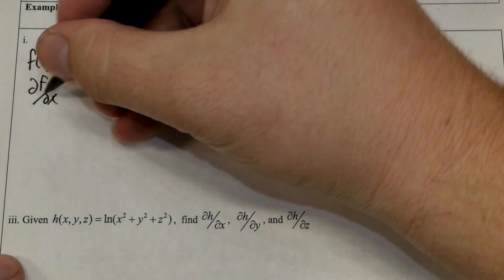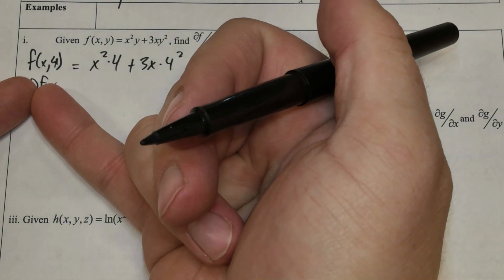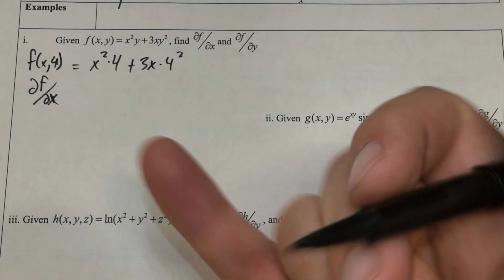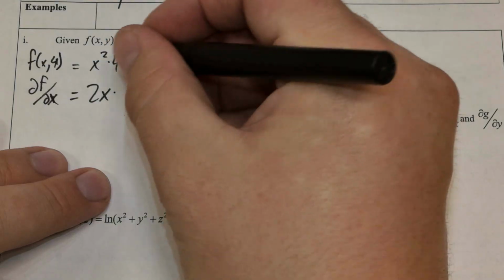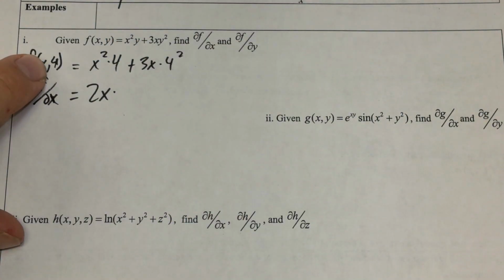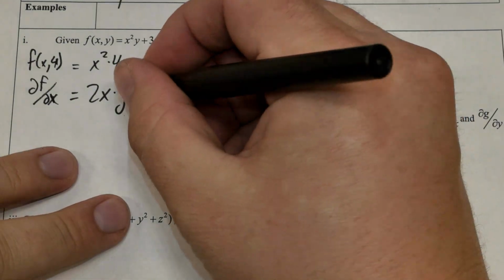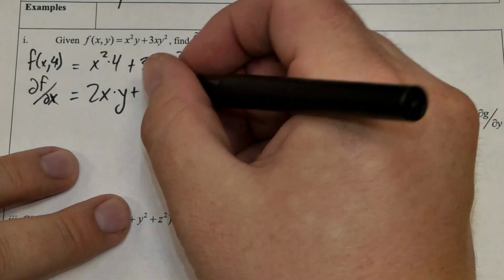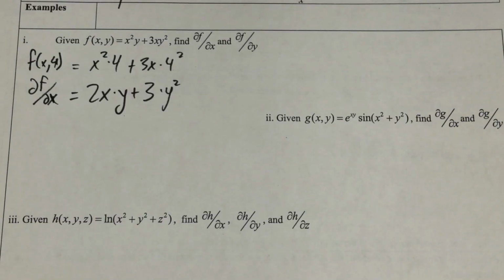Since it's dependent on x and y, I'm not taking an entire derivative, I'm just taking the partial as x changes. Here, this would give me a 2x times whatever this thing is, and again, that was my placeholder for y. Over here, the derivative of 3x would just be 3, and this was my placeholder for y squared.